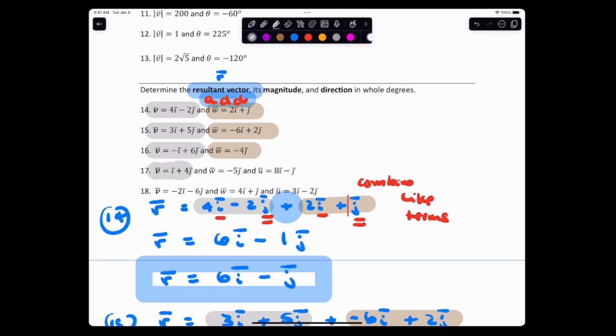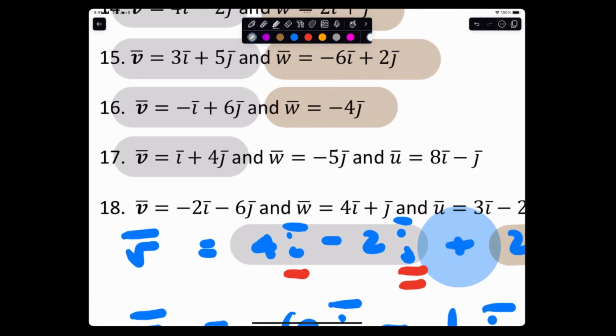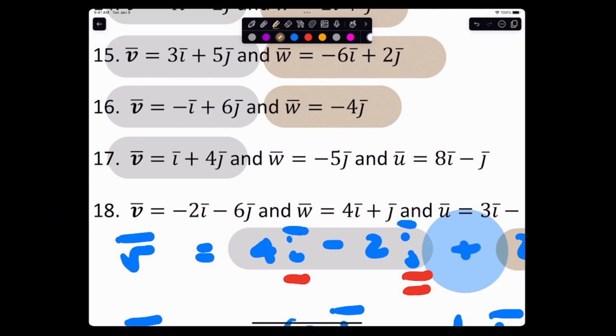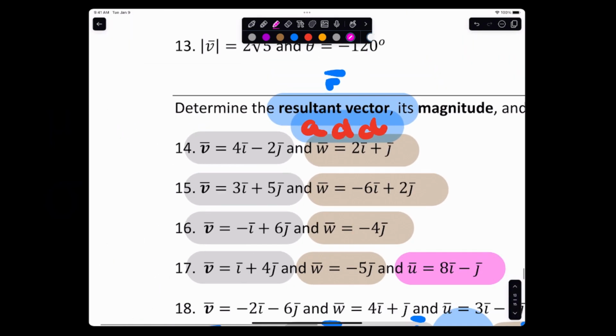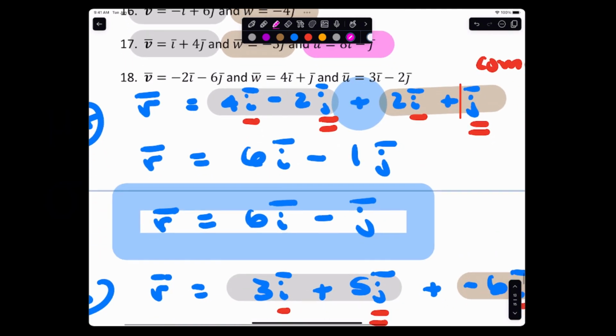Number 17, you got vector v right here plus vector w, oh, negative 5j. And then we need another color. Let's maybe take pink. It's available. So now you have 3 vectors to add, because what does getting the resultant vector actually mean? Add your vectors.